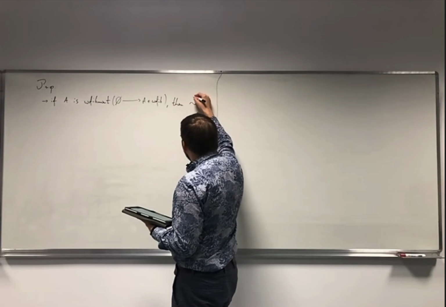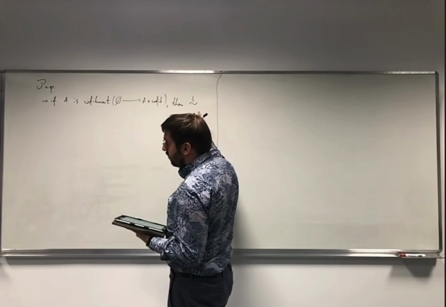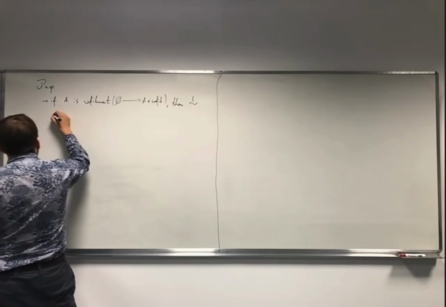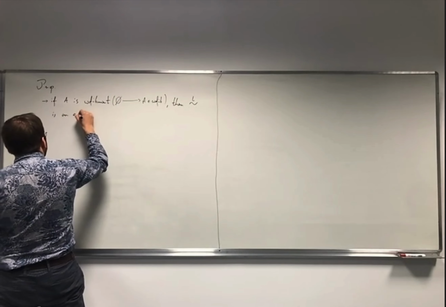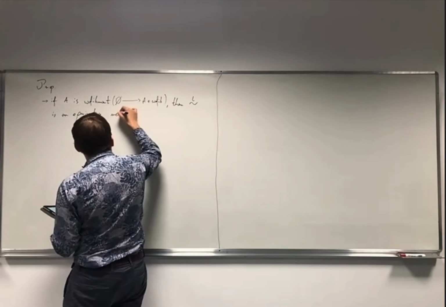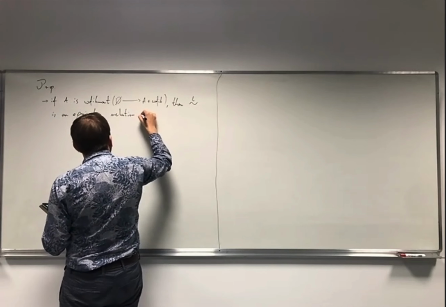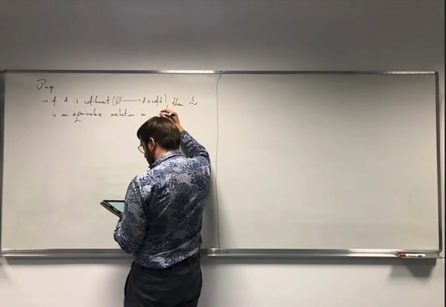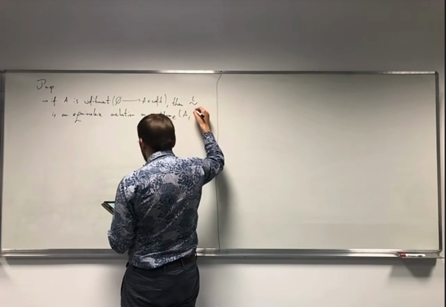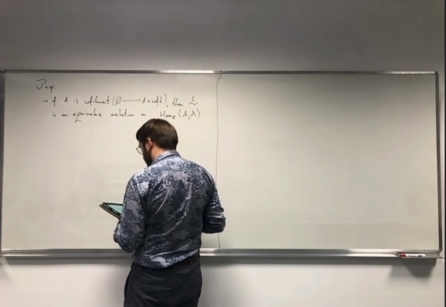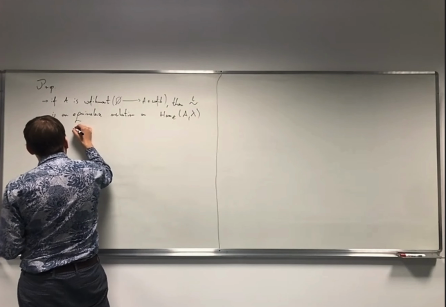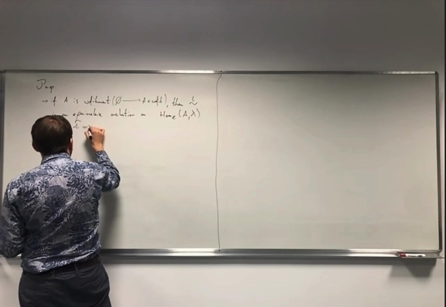The left homotopy relation is an equivalence relation on morphisms in our model category C from A to some other object X, and the left homotopy implies the right homotopy.